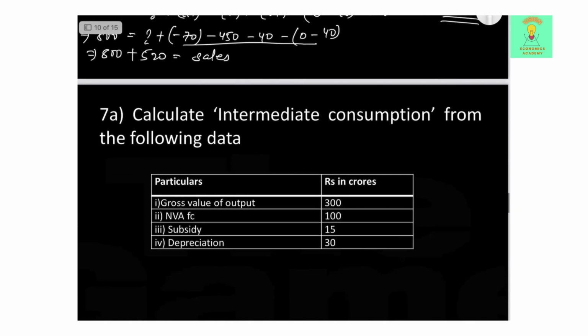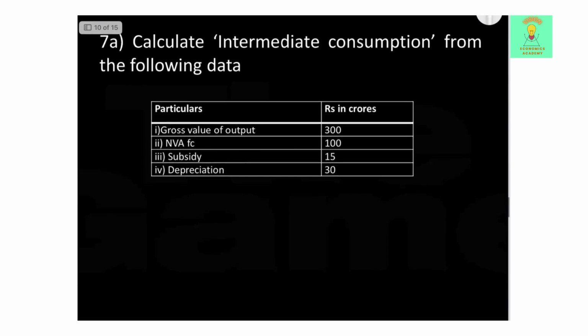So let's quickly move to question number 7a. Calculate intermediate consumption from the following data. Now what we have to calculate here is intermediate consumption. Now NVAFC is already given, right? So NVAFC is 100, which is already given.